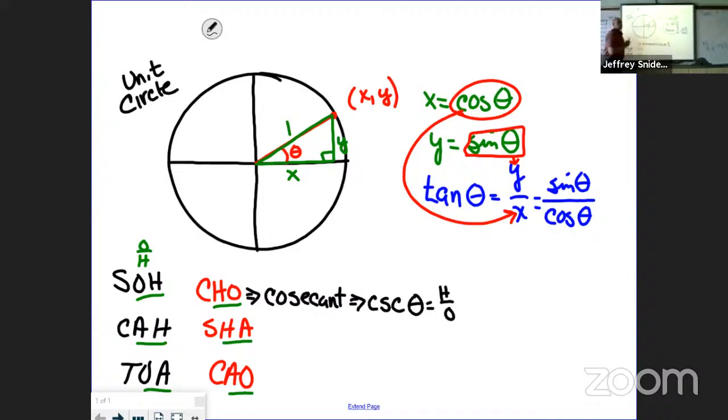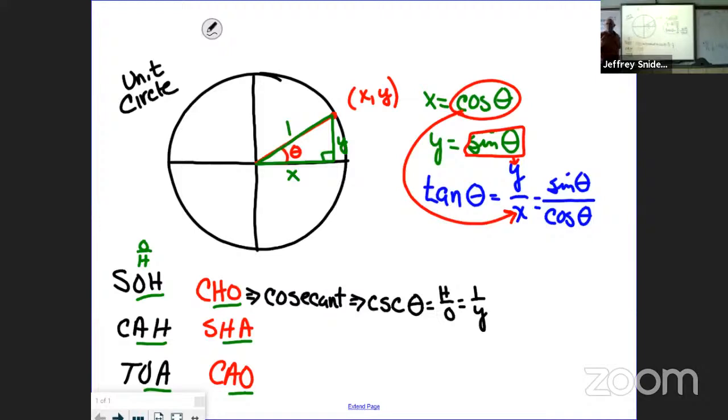Now let's go up here. If I want the cosecant of theta, it's hypotenuse over what? Wait, the hypotenuse is 1. Y. Oh, I'm sorry. Yeah, it's 1 over y. Okay? That's the first one.